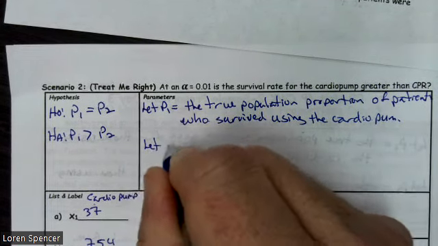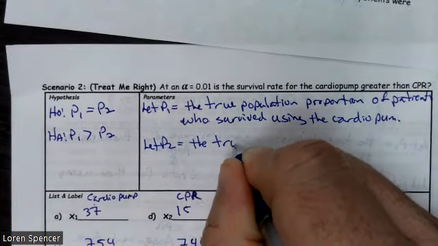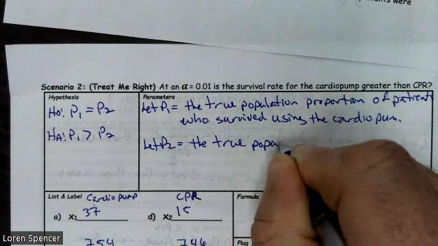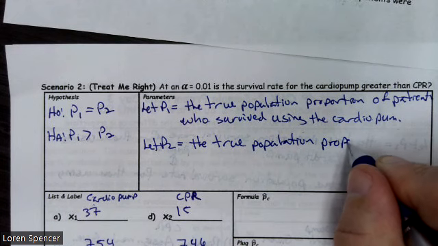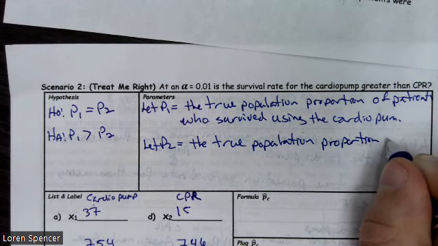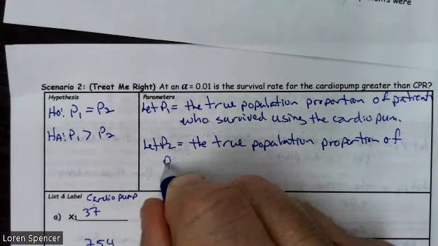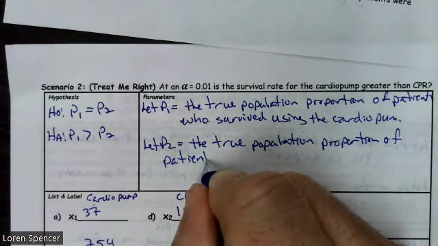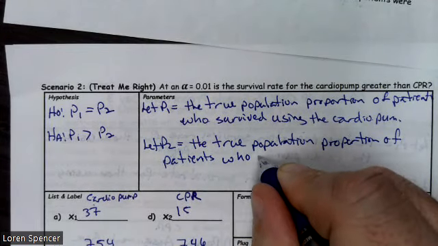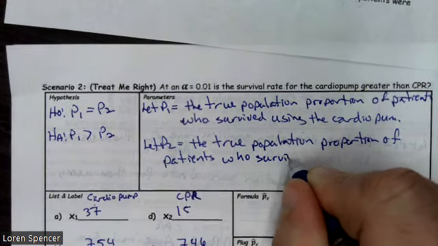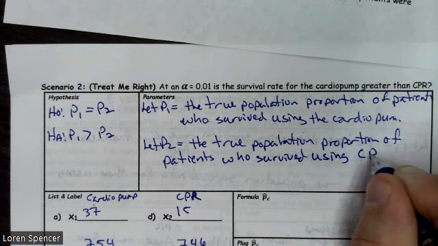Let P2 equal the true population proportion of patients who survived using CPR.